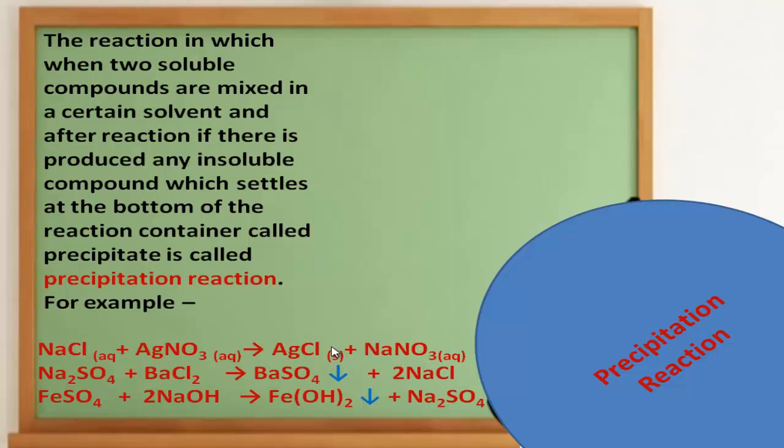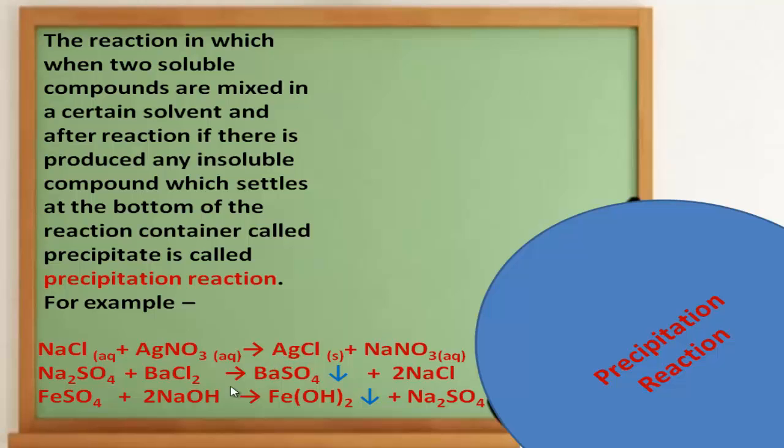So when an insoluble compound is produced, since it is not soluble, it settles at the bottom of the container, which is called a precipitate, and the reaction in which this precipitate is formed is called a precipitation reaction.